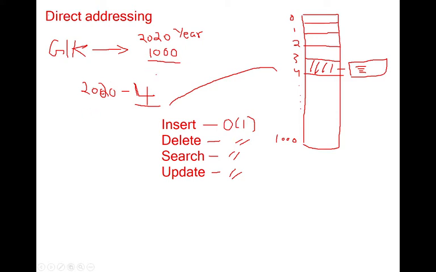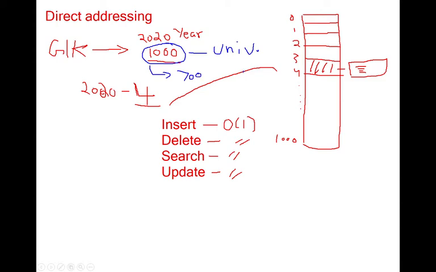Now if we see here, this blue, rather I've made it blue now, this 1000 is the universe of keys. This is the actual universe of keys. Let's suppose 1000 students get admitted to the institute and we declare an array of 1000, but after a week or so, only 700 out of 1000 students remain in the institute.